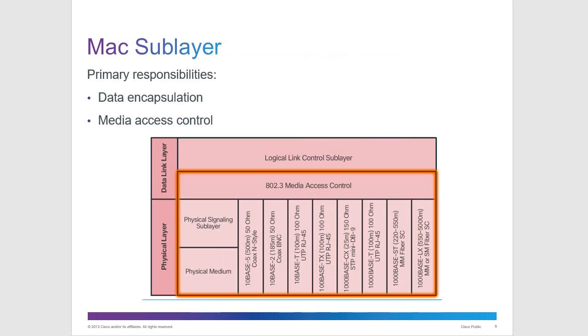So you have the primary responsibilities for the MAC sublayer: data encapsulation and media access control. And remember, media is the cabling or how our data is being transferred. You have the physical signaling sublayer and the physical medium. You don't need to know how this is all broken down. You just have some standards here for coax cabling, for unshielded twisted pair, and so on.